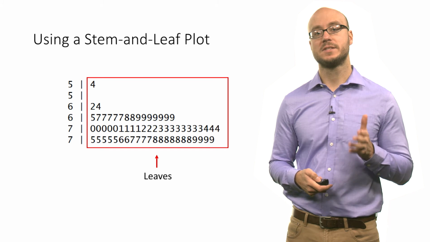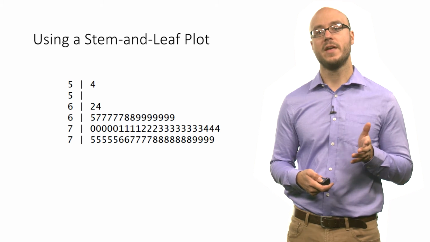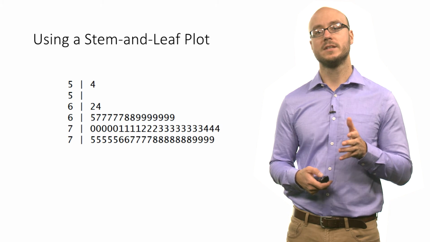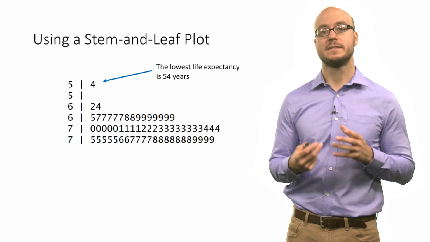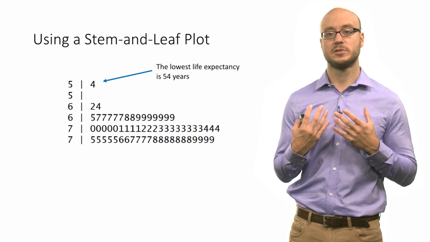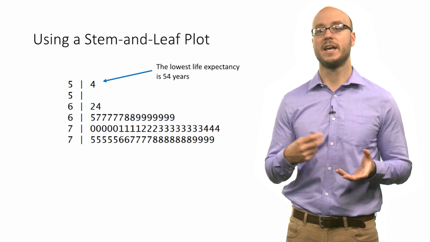In this case, the stem is the leading value of our number, and the leaf is in the ones place. For example, in this data set, it's all integers, these counting numbers, 54, 56, 78, 80.